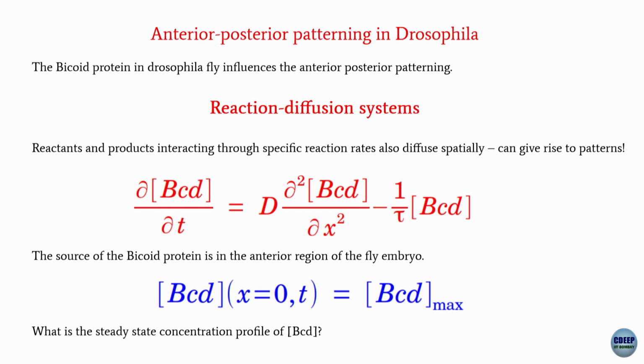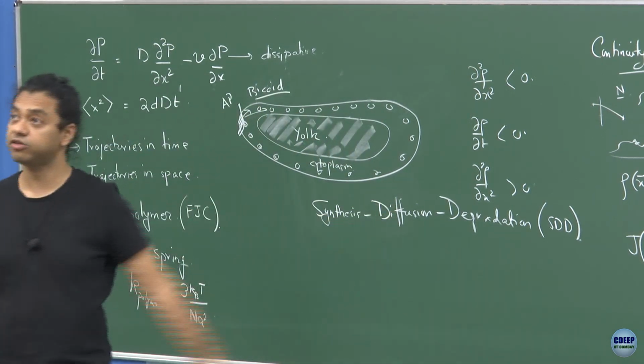So it's like a Poisson process, and together the time evolution of the bicoid protein is governed by these two processes. It diffuses and it degrades. The fact that there is synthesis, diffusion, and degradation is why this is called the SDD model, the synthesis diffusion degradation model.